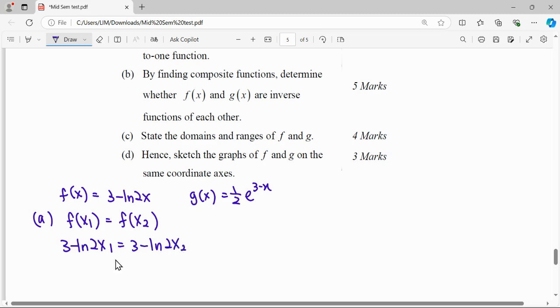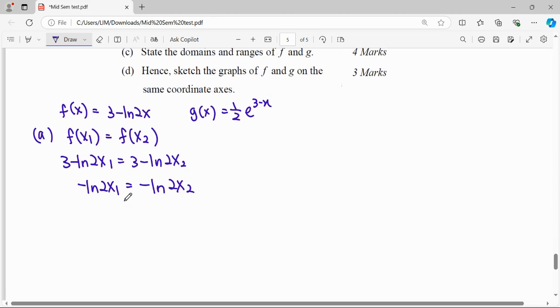So when you move our 3 to the left-hand side, show this step by step. This is the question of solving, so you must show step by step how you remove all the functions until you get x1 only. So negative, simplify. Then you unlog both sides and divide by 2.